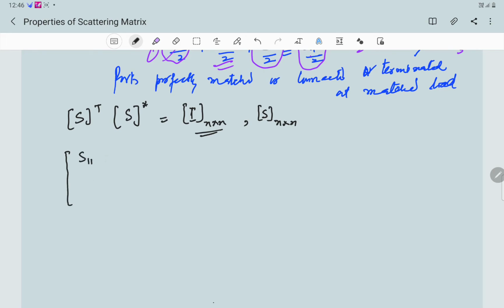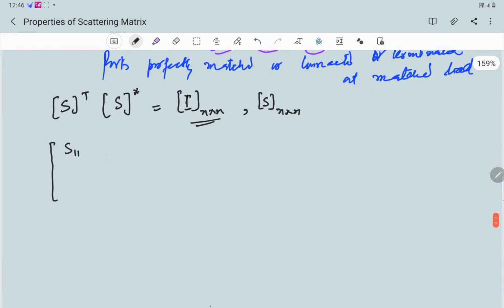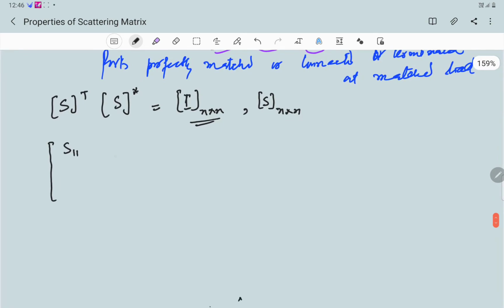Now let me write S transpose again as S11, S12, S13, S21, S22, S23, S31, S32, S33.